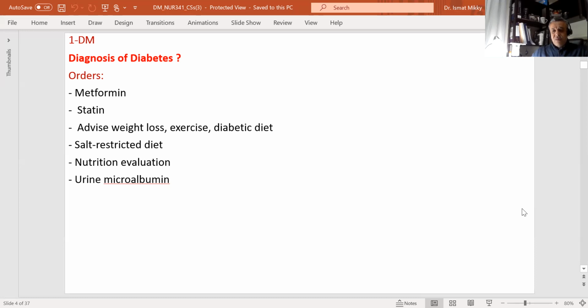Other medications will cause hypoglycemia and also may increase weight, like sulfonylureas, for example. Sulfonylureas do both. They increase weight and they cause hypoglycemia.